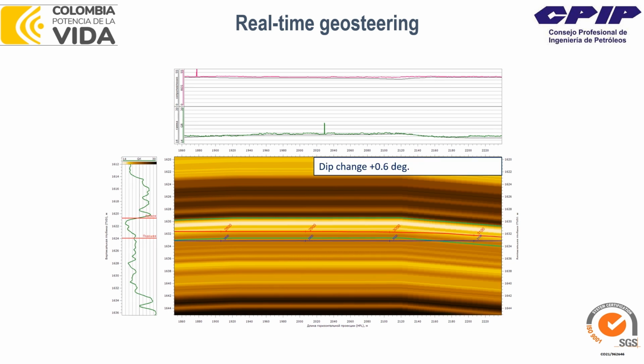Now we see the formation dipping down 0.6 degrees. And in this case, obviously, we have to follow the geometry of the reservoir, and we would recommend to drop the inclination just a little bit, just 0.6 degrees from 90 to 89.4 with a relatively small dogleg, 1 to 2 degrees per 30 meters. Okay.